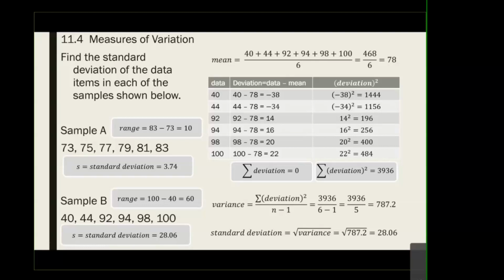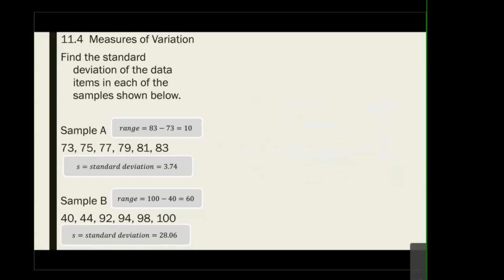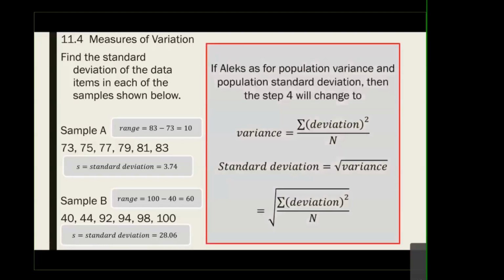If you don't have a question, the last thing I want to mention for 11.4 is that sometimes they don't ask you for the sample standard deviation. They might change a small word on you and ask for the population variance and the population standard deviation. Reminder from last time, the sample is a portion of the population.